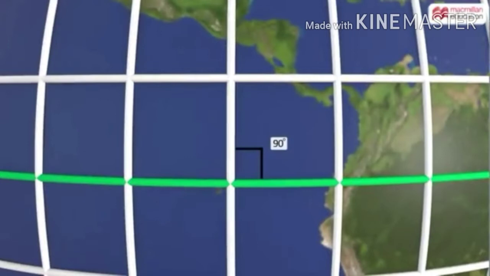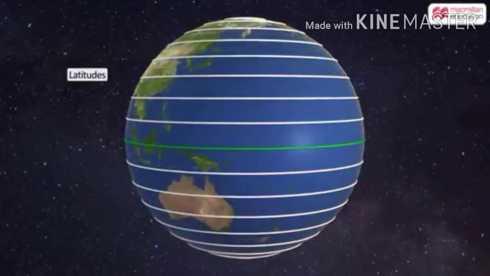Including the largest, biggest latitude, the equator. Totally how many latitudes? 181. Their lengths are not equal and the circles become smaller towards the poles.